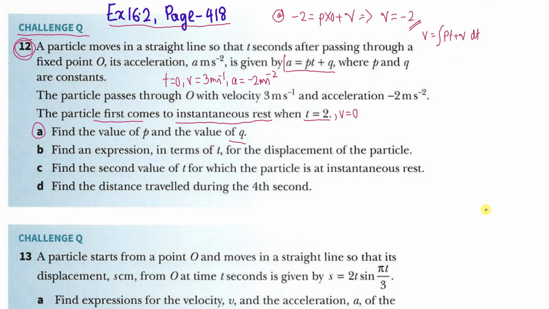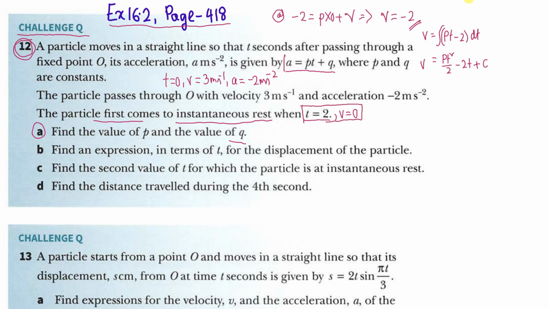Instead of q we can write q = -2. Integrating gives us pt squared by 2 minus 2t plus c. In that velocity expression we can put in values to get the constant c, and we would get one equation from there.